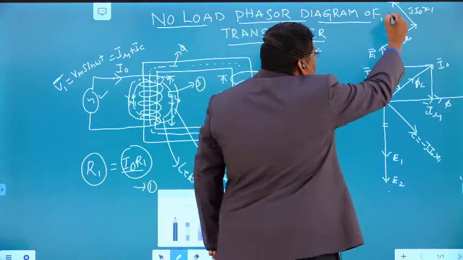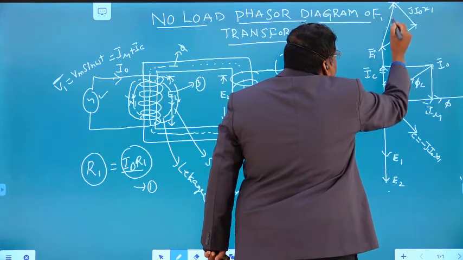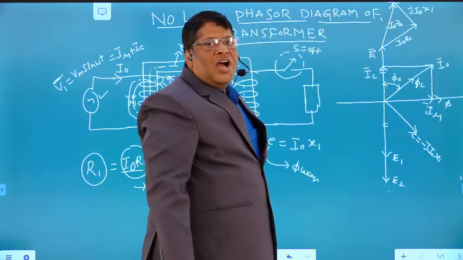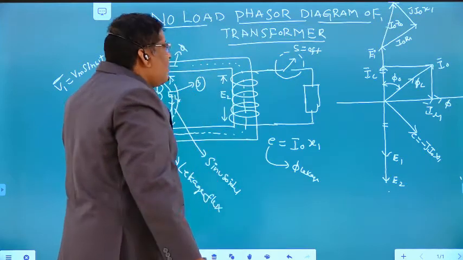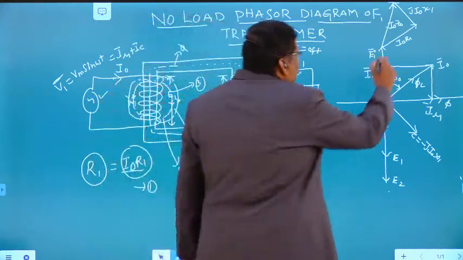Now, the phasor sum of these two is nothing but I naught Z1, sorry, this is not Z naught.